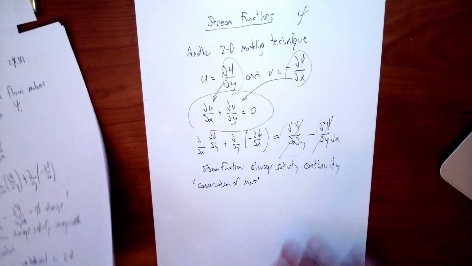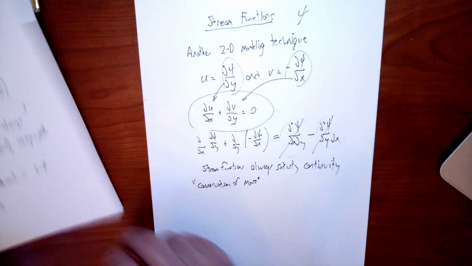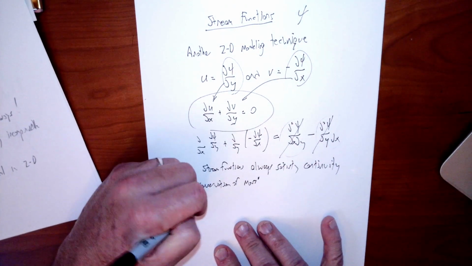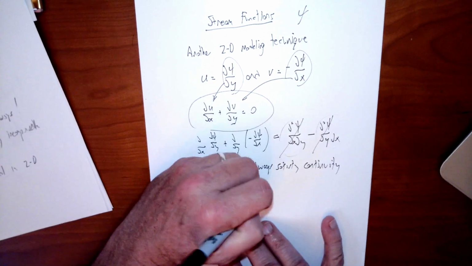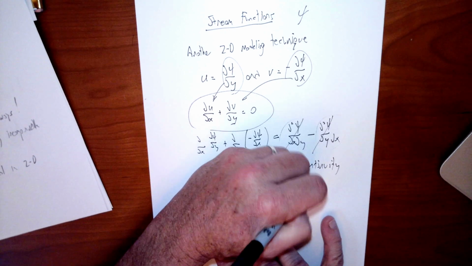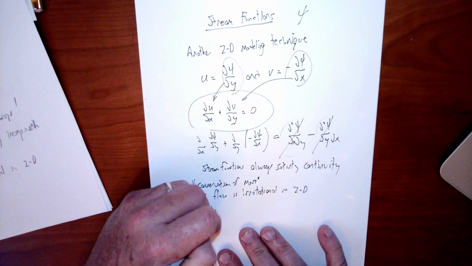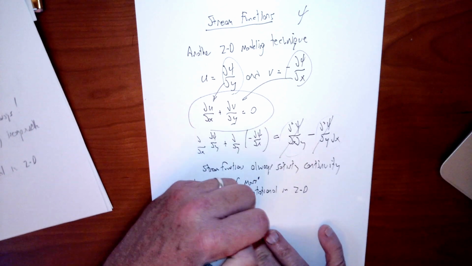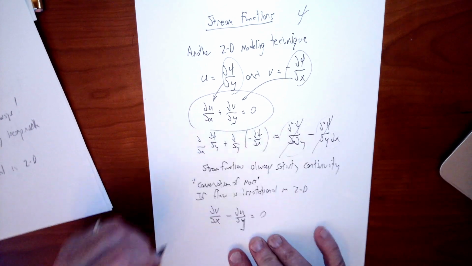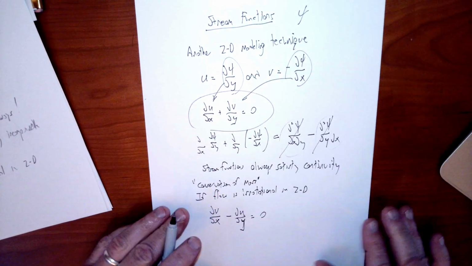It's already dealt with. If the flow is irrotational in 2D, we know once again what that means. That means dv dx minus du dy, which is the vorticity, is going to equal 0. So that's what irrotational flow means.